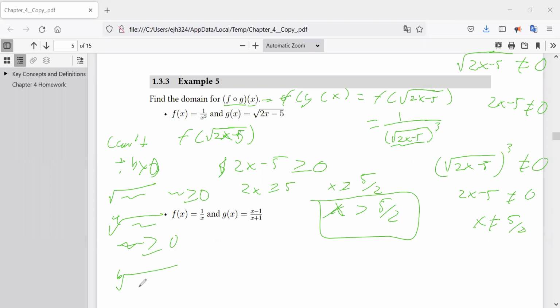The sixth root also has to be greater than or equal to 0, but you can get the cube root. So if I give you the cube root of, let's say negative 27, that's just going to be equal to negative 3. So cube roots can be anything. Square roots, fourth roots, sixth roots, those, the inside has to be greater than or equal to 0.